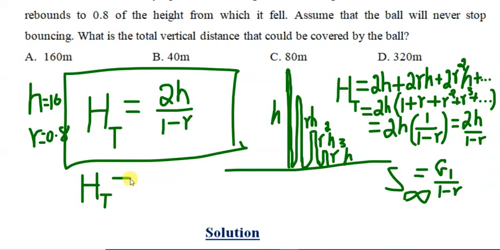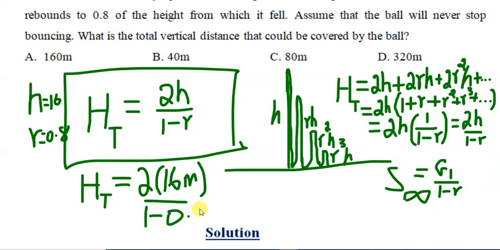It is equal to, h_t is equal to 2 times, our h is 16, just put it in brackets, 16 meters, over 1 minus 0.8, which is equal to, again, 2 times 16 is 32.